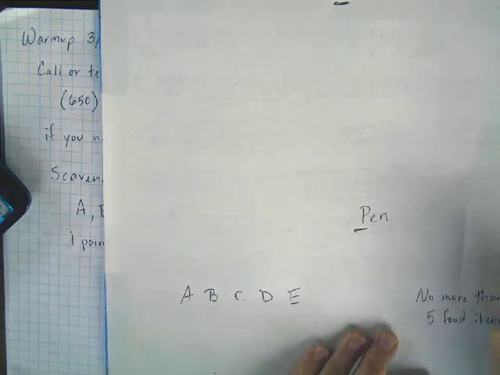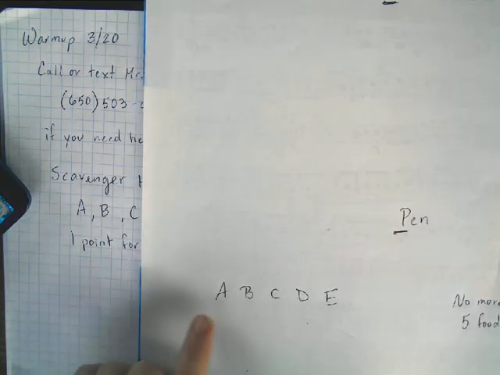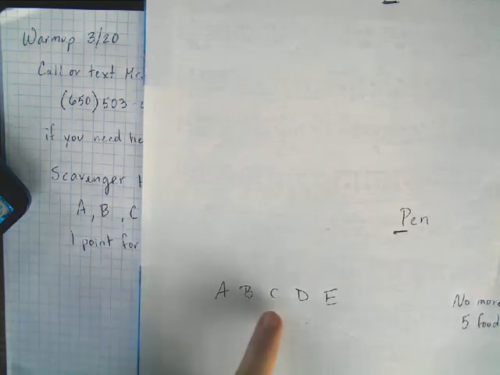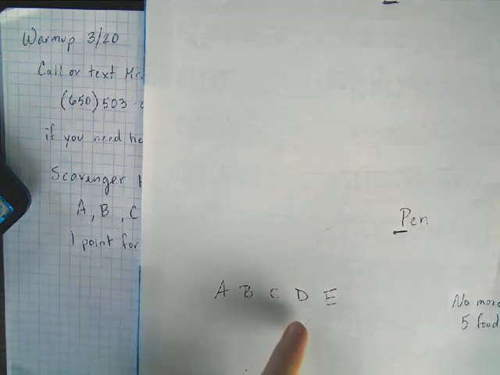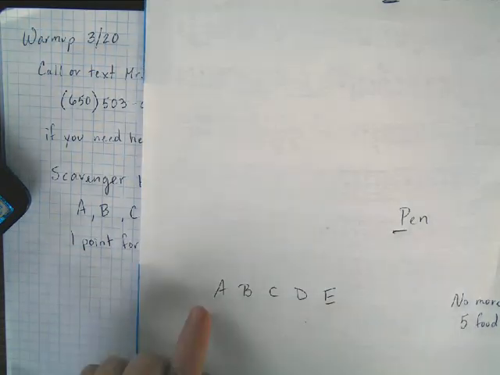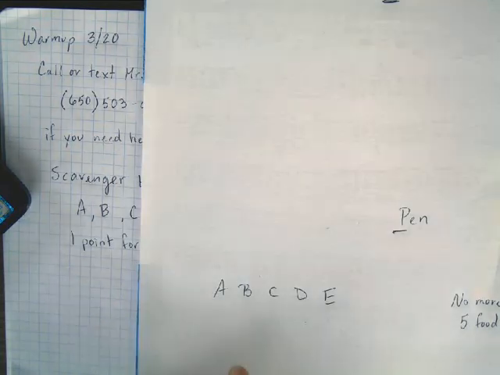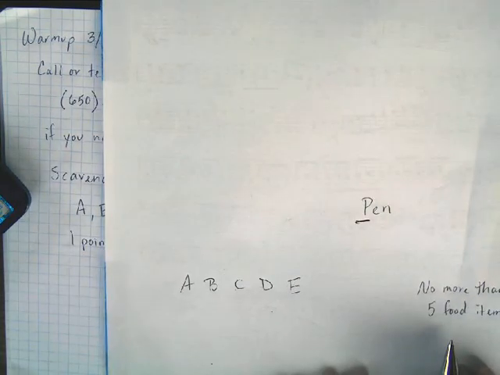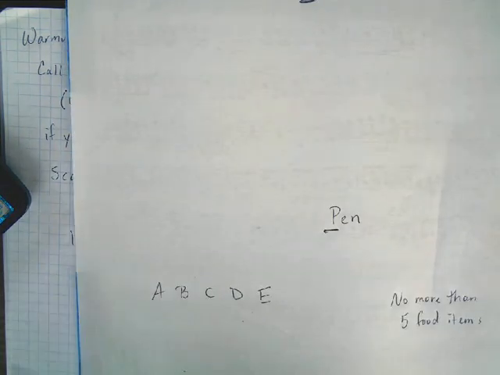Okay, so if you did like apple, banana, carrot, I can't think of a D word right now. Anyway, you can't use more than 5 items of food because I think that makes it too easy. I want you moving around your house. This is a scavenger hunt. Okay, the funnier the better.